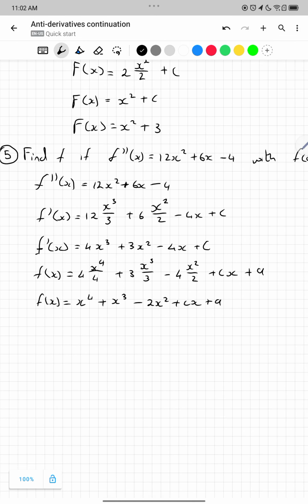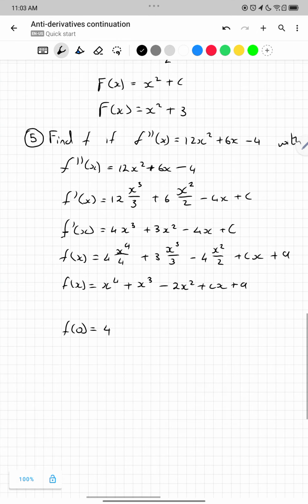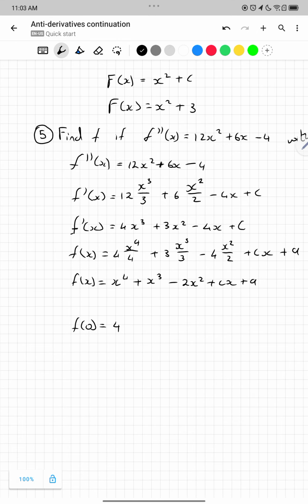So we know that f of 0 is equal to 4, right? We were given that in the question. So 0 to the 4th plus 0 to the 3rd minus 2 times 0 squared plus c times 0 plus a is equal to 4.